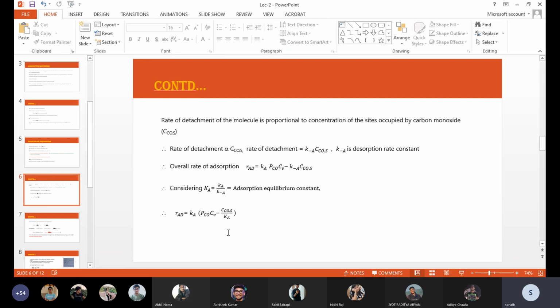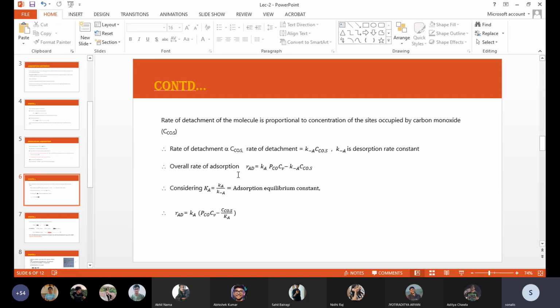The rate of detachment is proportional to the concentration of occupied sites. So the rate of detachment is equal to k of minus a times C_CO·S. k of minus a is the desorption rate constant. If we express the rate of adsorption, it is the overall rate, which includes the rate of attachment and the rate of detachment together.